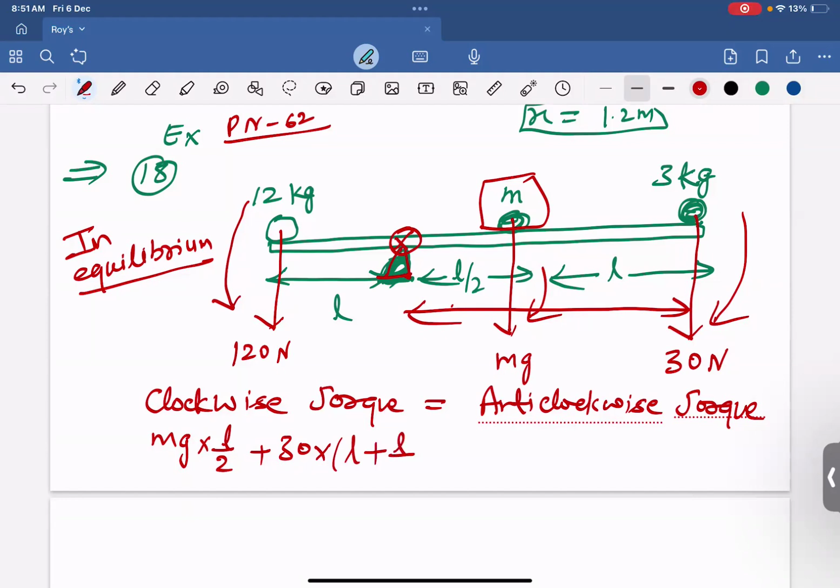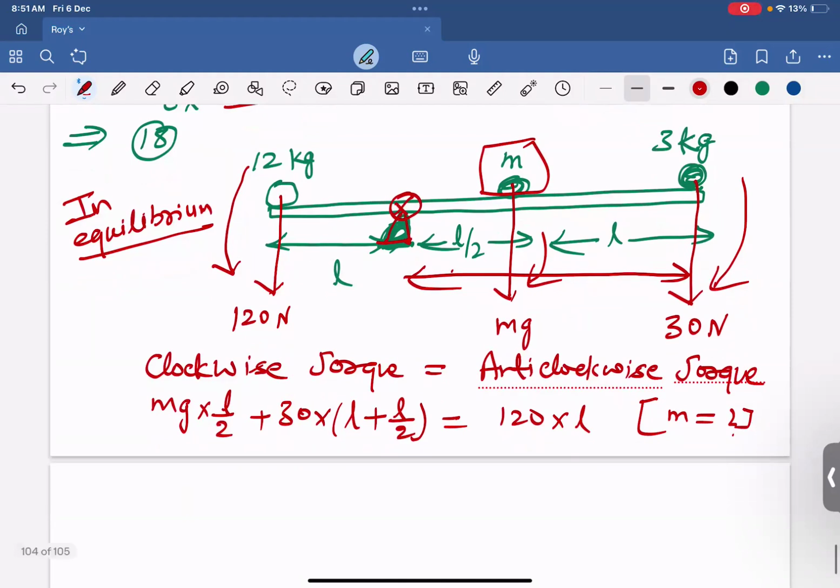And anti-clockwise is only 120, and the distance of 120 from the axis is L only. By solving this, tell me, Neil, how much you are getting as M. Which option is correct? Okay, sir, 1 second.